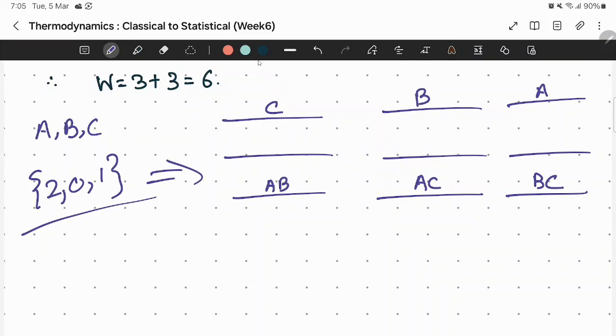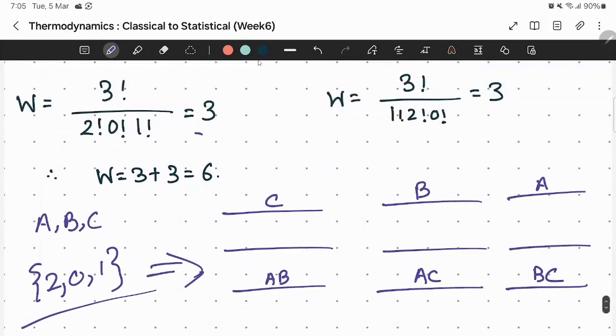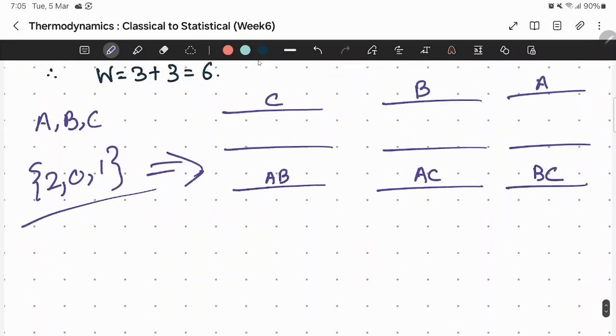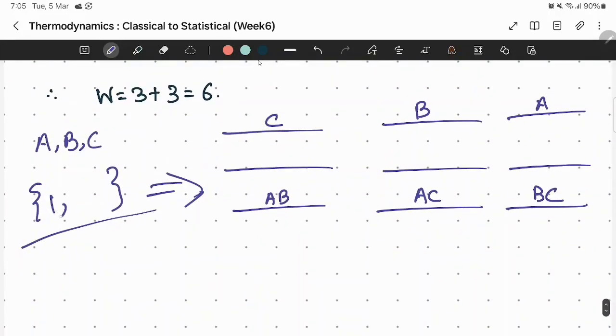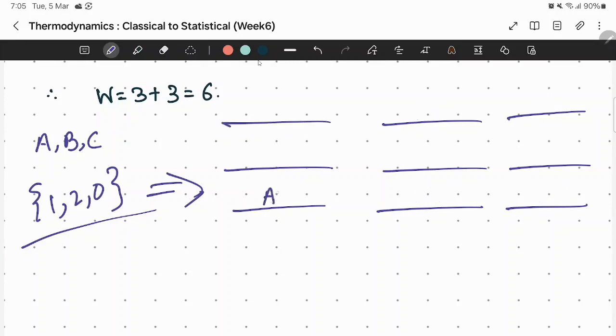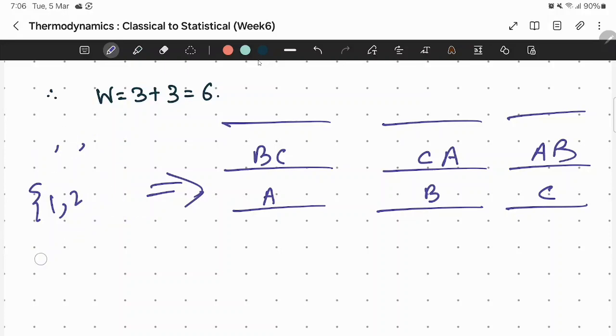These three are the probable arrangements under this orientation. Or for 1, 2, 0, what will be the arrangements? A, B, C: again three. These three. Good.